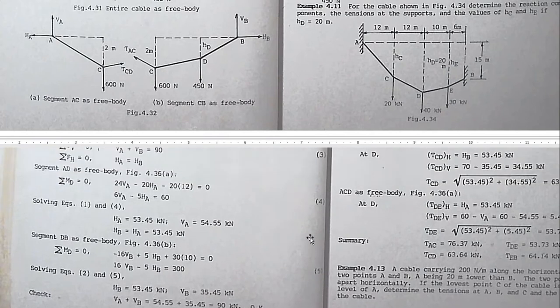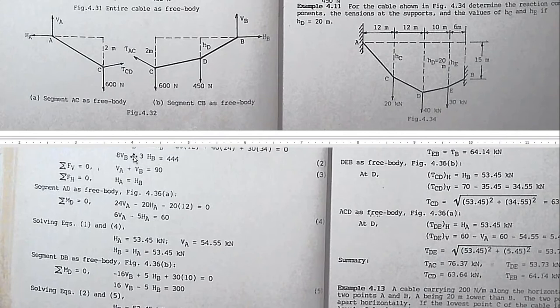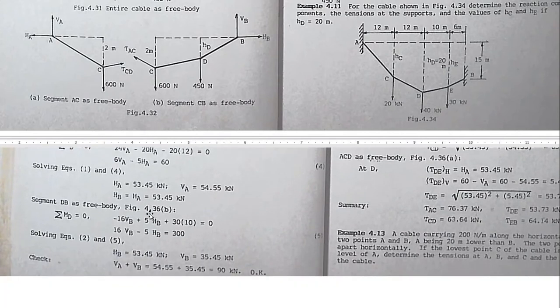Now you can combine this with equation 2, which includes VB and HB. Again, that is a linear system. So you have here HB 53.45 and VB 35.45.